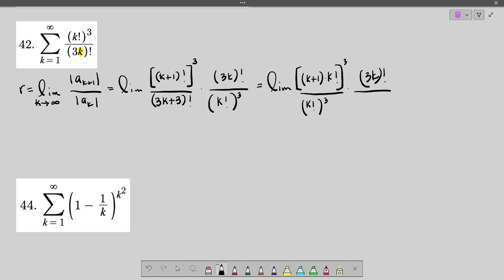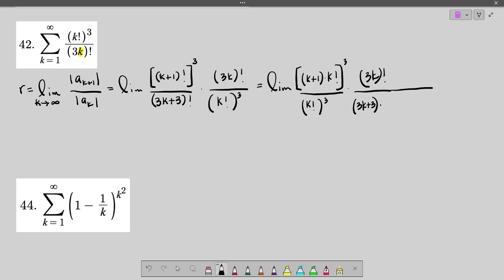Now here's the one that's going to be a little different. We have 3k plus 3 factorial. We would like to rewrite it, expand it in a way that we can have some cancellation with that. So we have to think carefully here. A factorial is repeated multiplication of factors where you repeatedly subtract by 1.